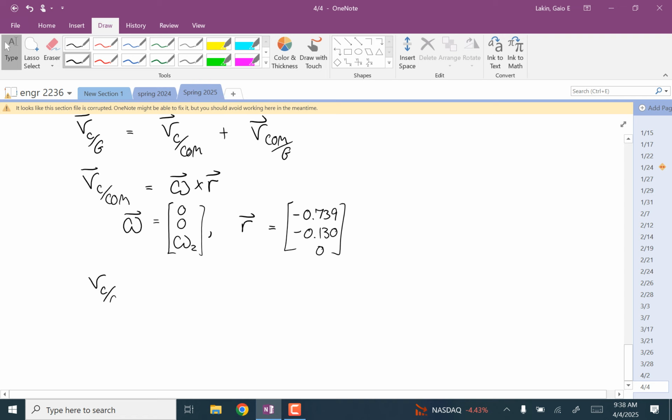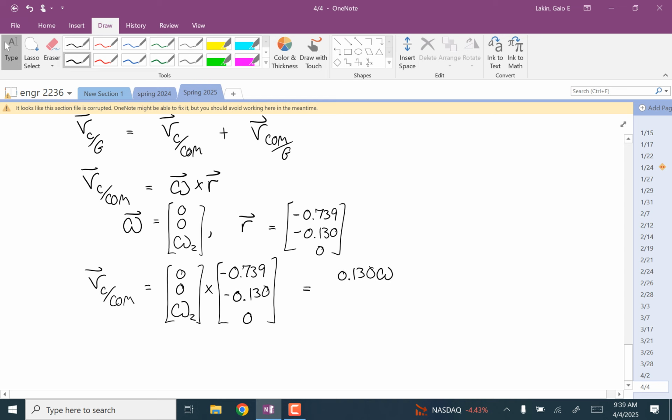So the velocity of C relative to the center of mass is 0, 0, omega 2 crossed with negative 0.739, negative 0.130, and that is positive 0.130 omega 2 for the x component, negative 0.739 omega 2 for the y component, and 0 for the z.